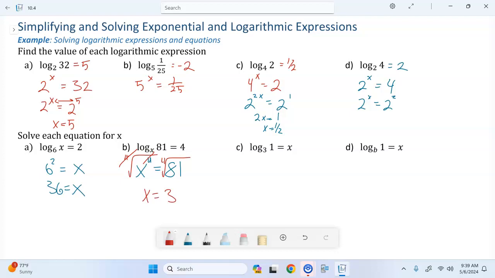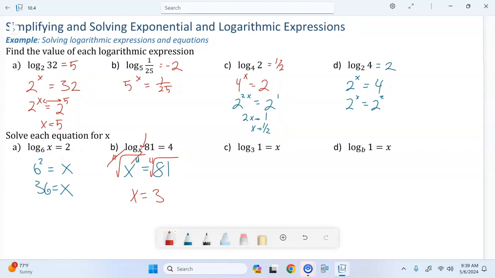Now, note, normally when we take the 4th root of something, any even root, we have positive and negative. But because the base of a logarithm cannot be negative, we don't have to worry about the negative. It has to be positive. It has to be non-zero positive.